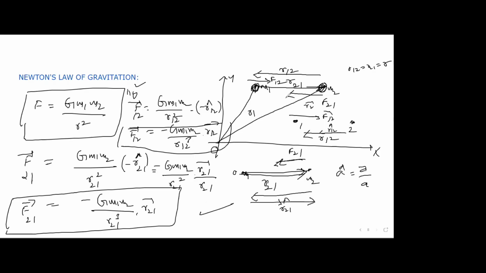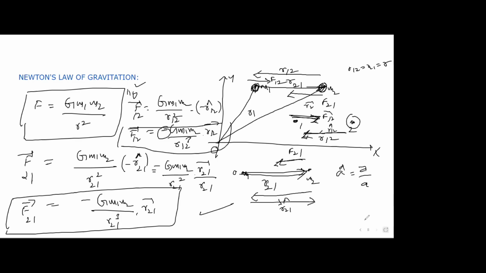It is applicable strictly for point masses, and the force acts along the line joining their centers, which is always attractive in nature. Sometimes we also call this Newton's formula. This negative indicates that the force on 1 because of 2 is like this. What is the meaning of this? The position is opposite, so the direction is towards 2. Towards 2 means the minus sign indicates that 2 is attracting 1.